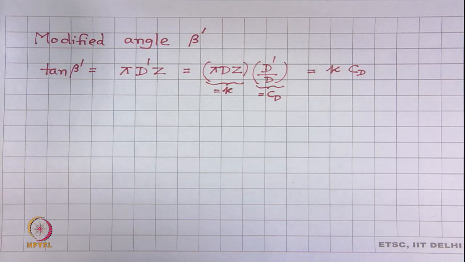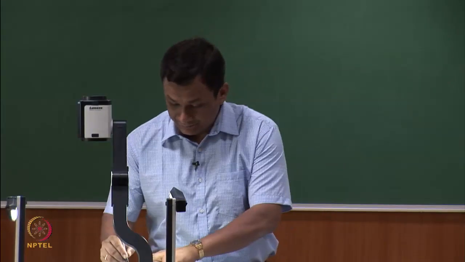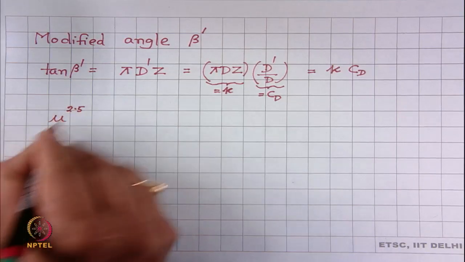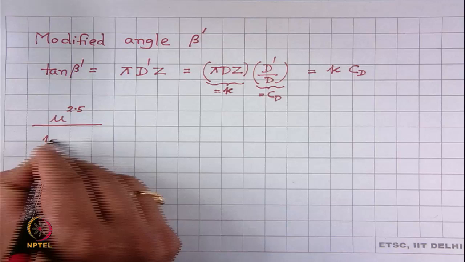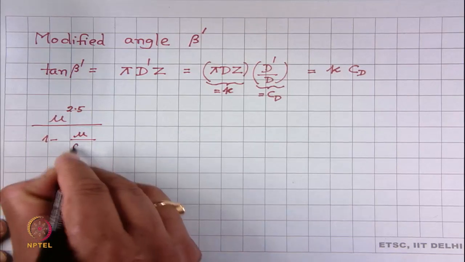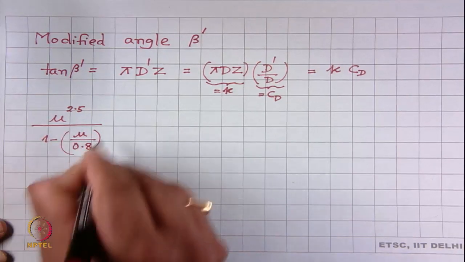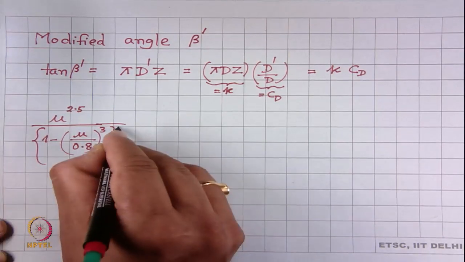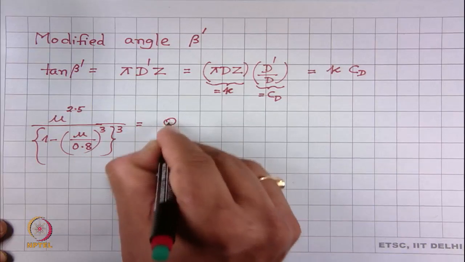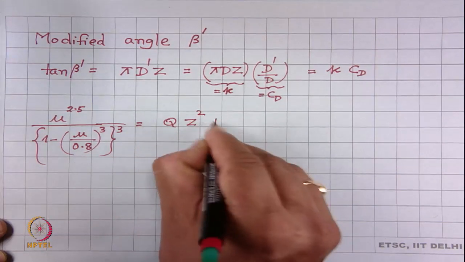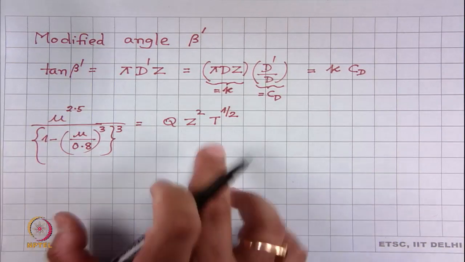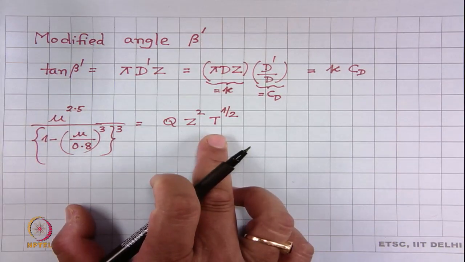Then what happens to our last class expression, mu to the power 2.5 by 1 minus mu to the power 0.8 equal to Q Z square T to the power half. Remember this expression from the previous class.